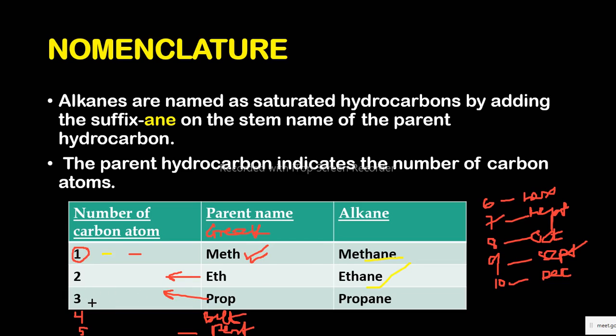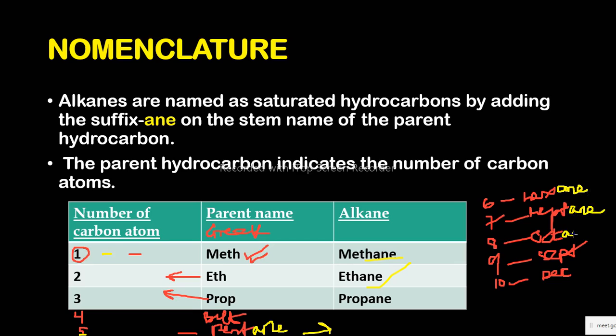Three becomes propane. Five, and we add our ane, becomes pentane. Six, you add ane, hexane. Seven, heptane.